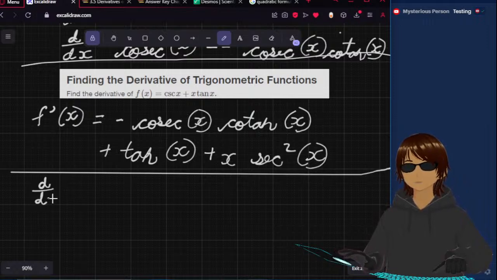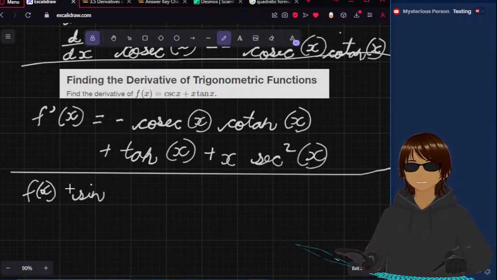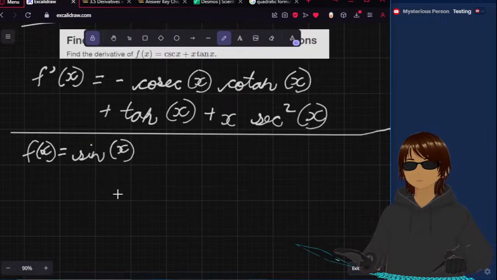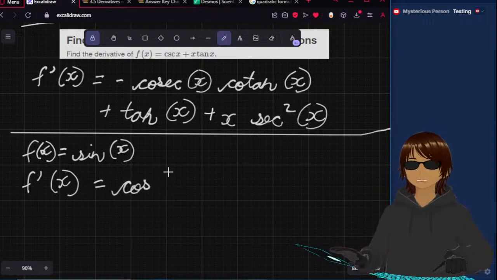Derivative of sine x. Let's do f of x is sine x. So the first derivative is cos x.